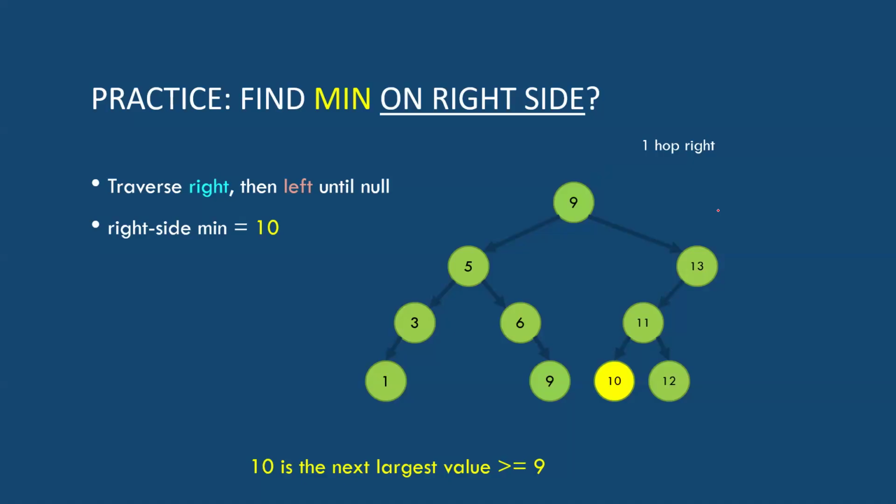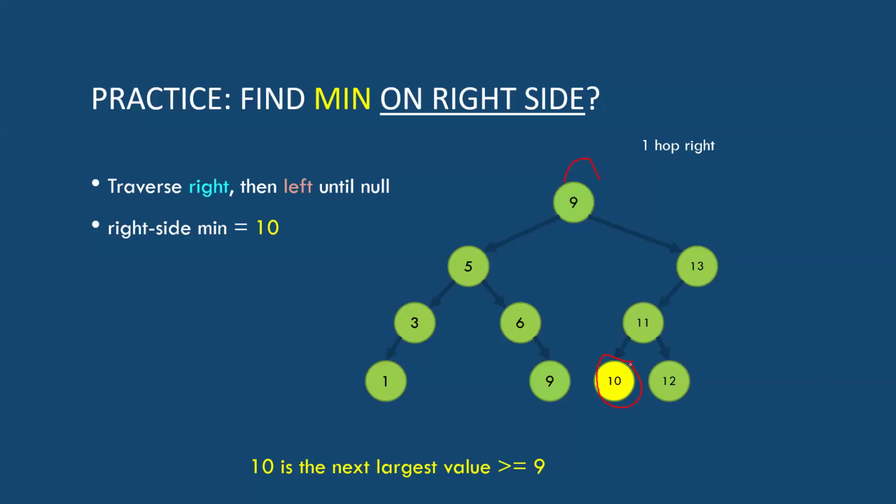Now, the last two or three things here, and we'll get you done a little bit early. What is the minimum thing on the right side? It seems like a strange question, but it's going to help us do some good stuff on Tuesday next week.